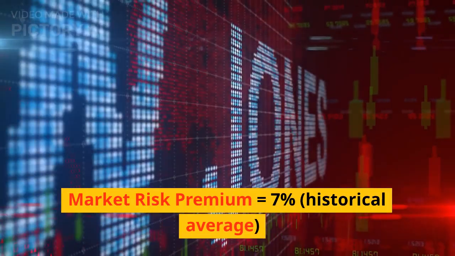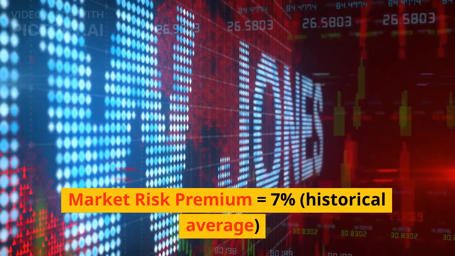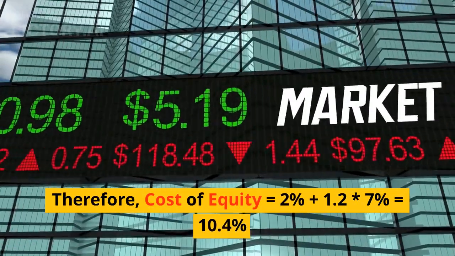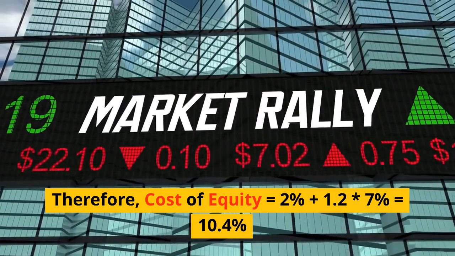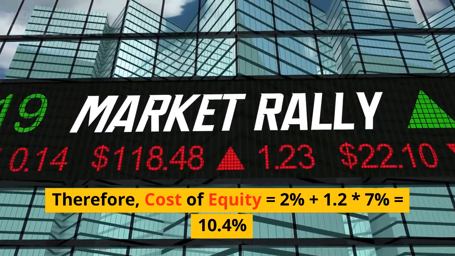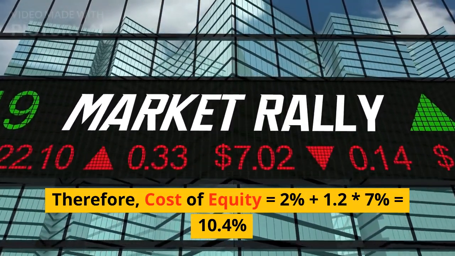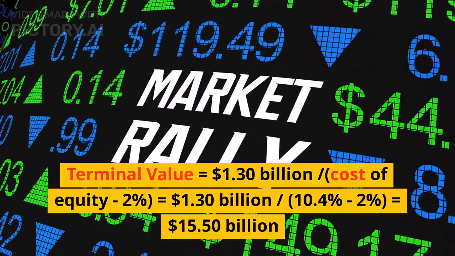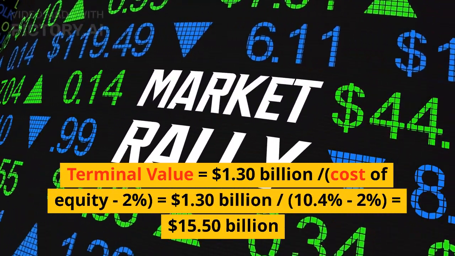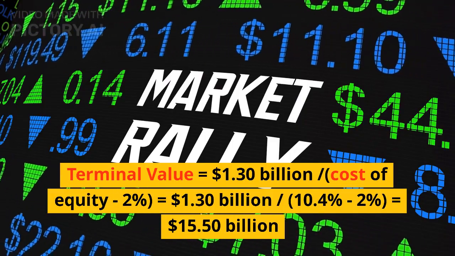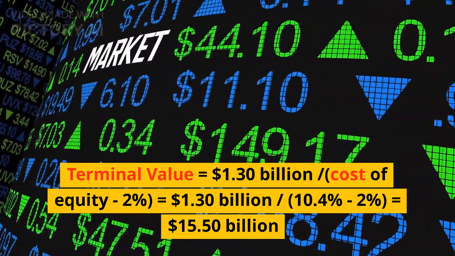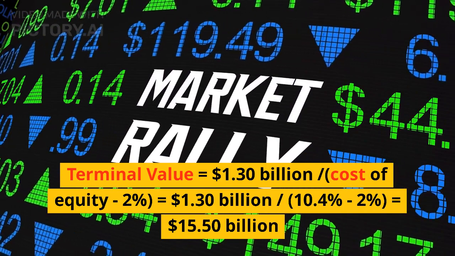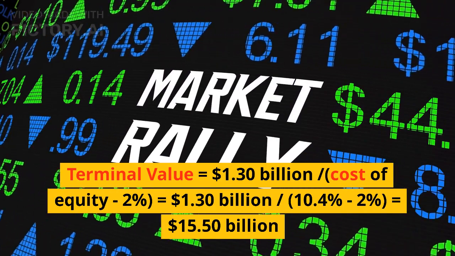Market risk premium equals 7%, historical average. Therefore, cost of equity equals 2% plus 1.2 * 7% equals 10.4%. Terminal value equals $1.30 billion per (10.4% minus 2%) equals $15.50 billion.